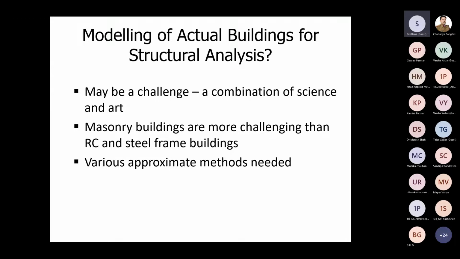In some cases, it is more logical or straightforward than in others. For example, for frame structures, it is simpler than for wall structures. Masonry buildings are more challenging to model than reinforced concrete and steel frame buildings, and various approximate methods are needed for modeling. They may not always be approximate, but we use approximate methods as well as more accurate methods. It all depends on the application.